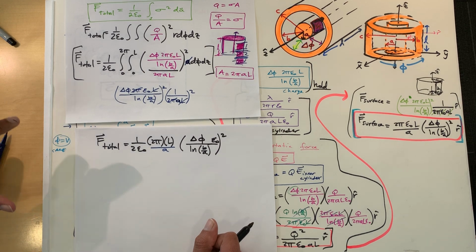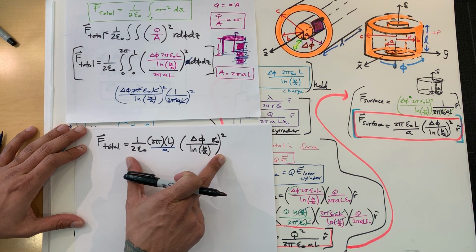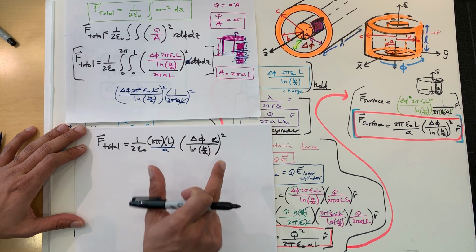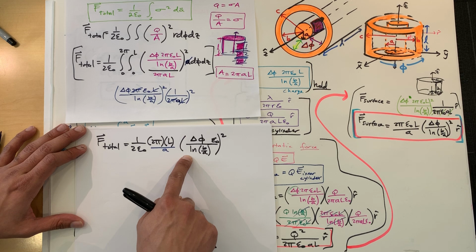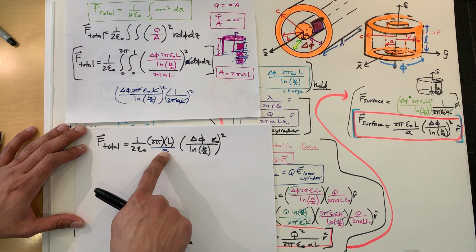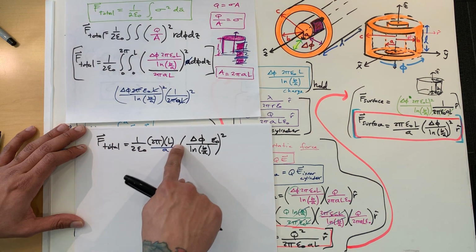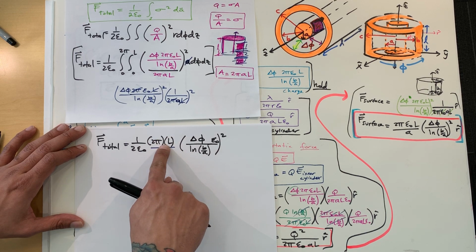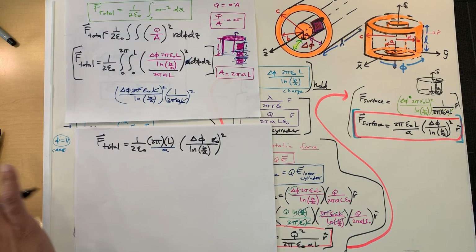So let's see, we have all of this, and we have this on the inside. Now I have an A down here. What happens if I manipulate this part here to look like A? I need a 2 pi A on top.